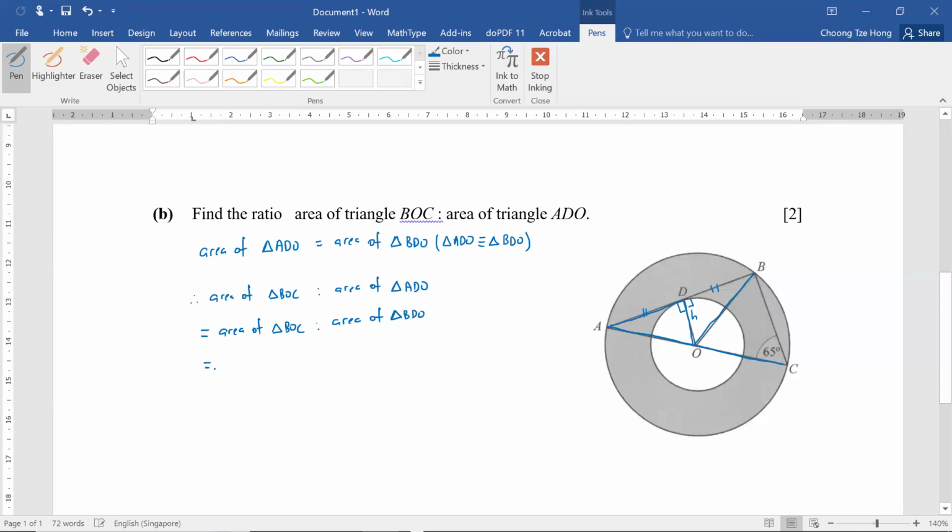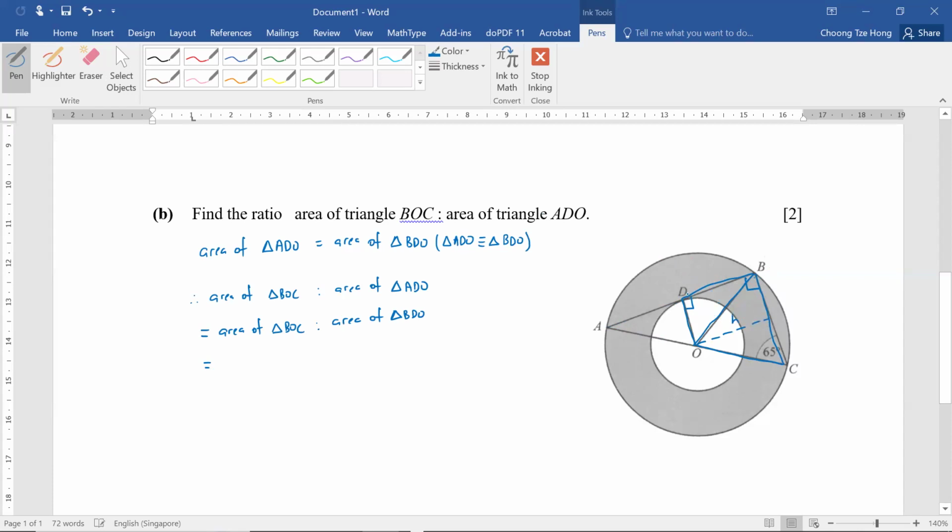Remember just now I was mentioning we are trying to find a common height. So now the question has been changed already. Now we want to find the ratio between this triangle BOC and this triangle BDO. Remember this is 90 degrees, here is also 90 degrees. So do these two triangles have a common height now?